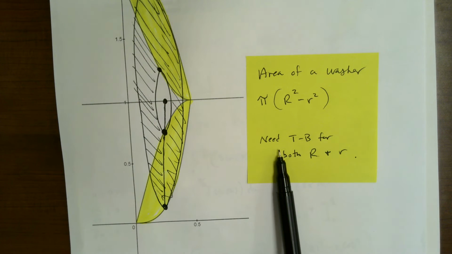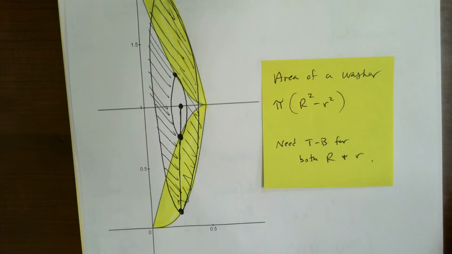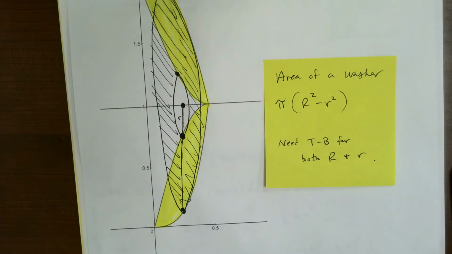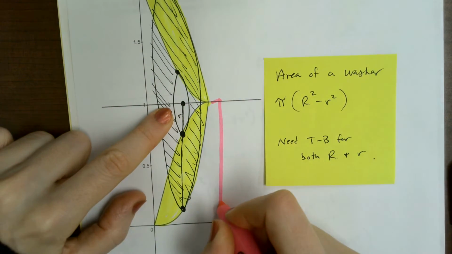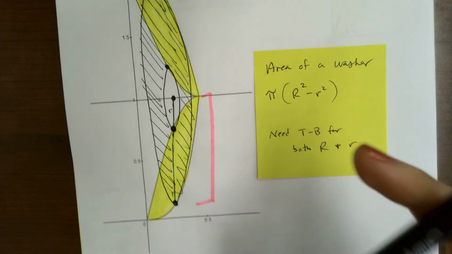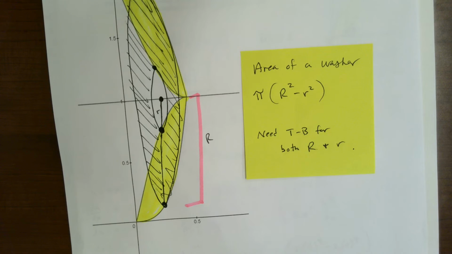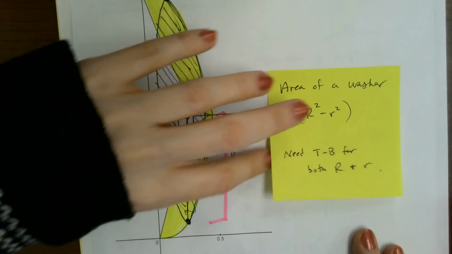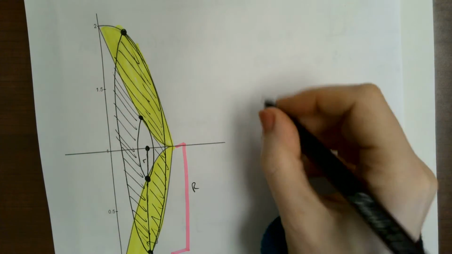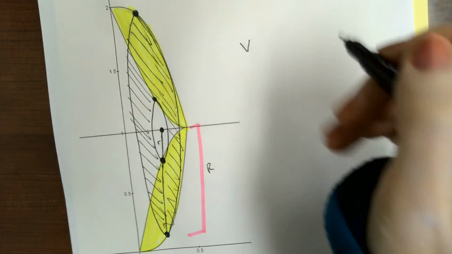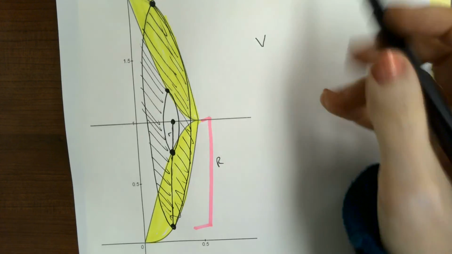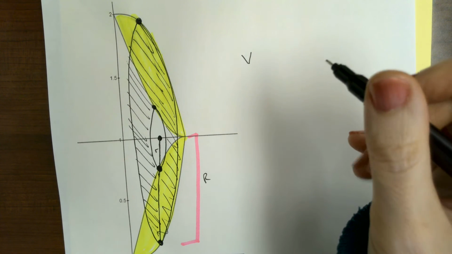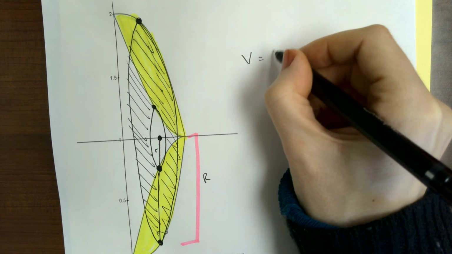And in this case, for our radii, this is little r right there, and then this entire length, I guess, that would be big R. Okay, so when you're doing volume, since the cross sections are vertical, this is going to be in terms of x.